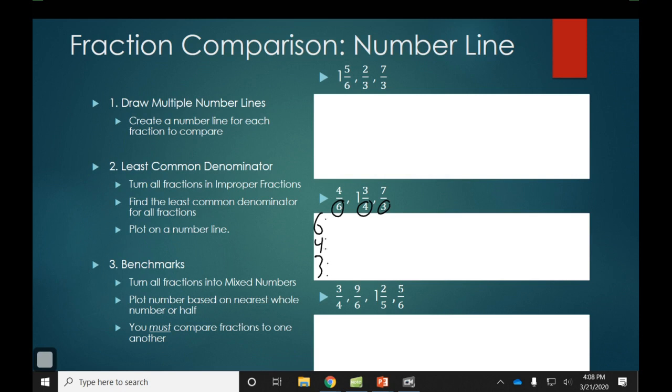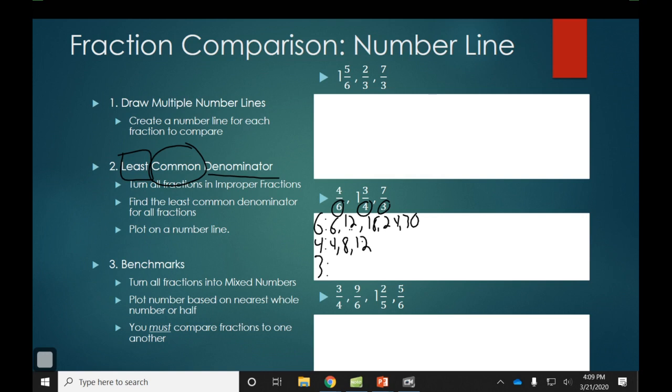You're going to write out the multiples of the denominators until you find something in common, but the least common. So 6 is 6, 12, 18, 24, 30. We can stop right there. 4: we have 4, 8, 12. We have our first matching pair.